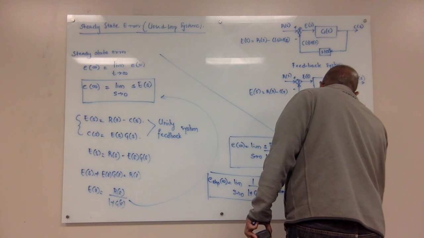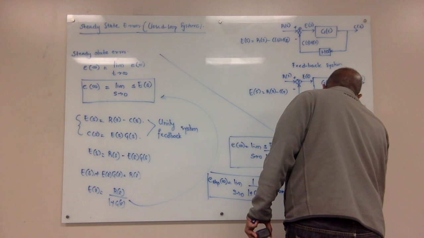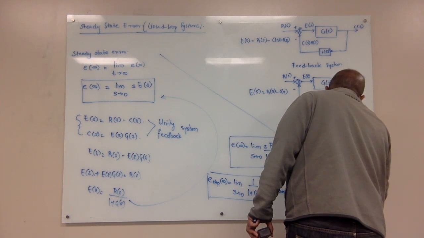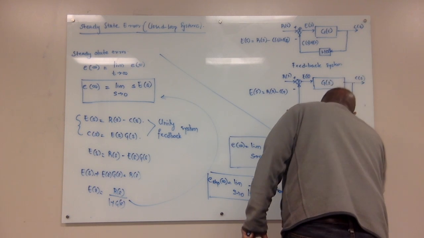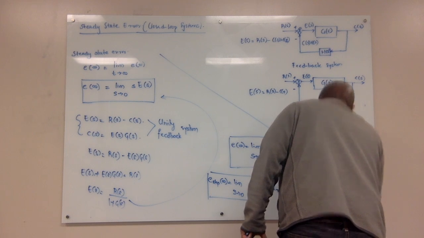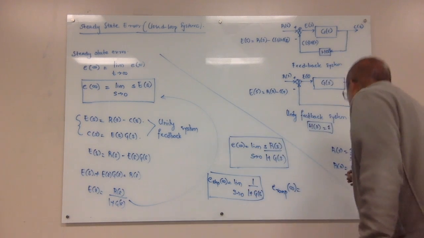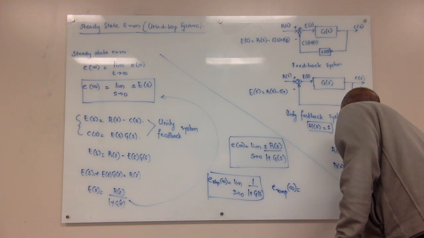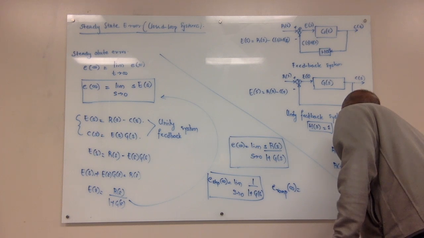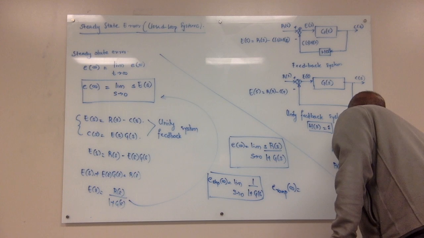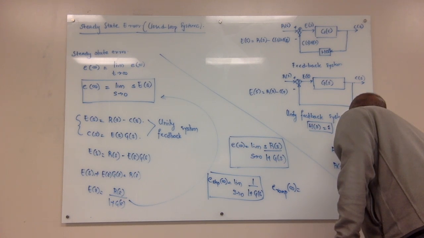Okay. R of S is 1 over S square for ramp. Similarly, R of S is 1 over S cube for parabolic.